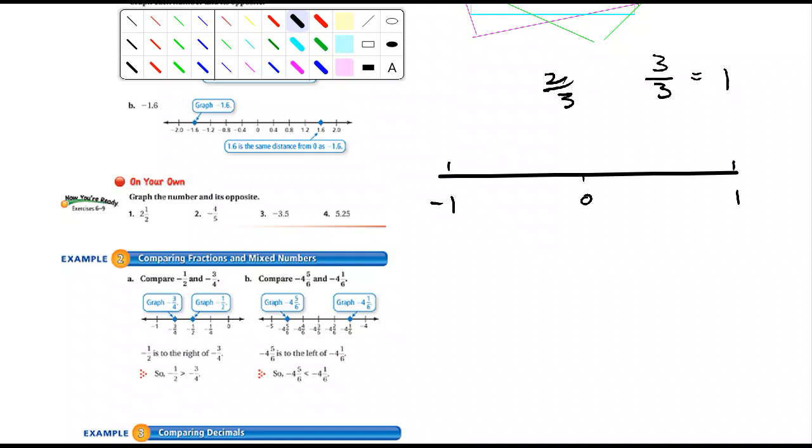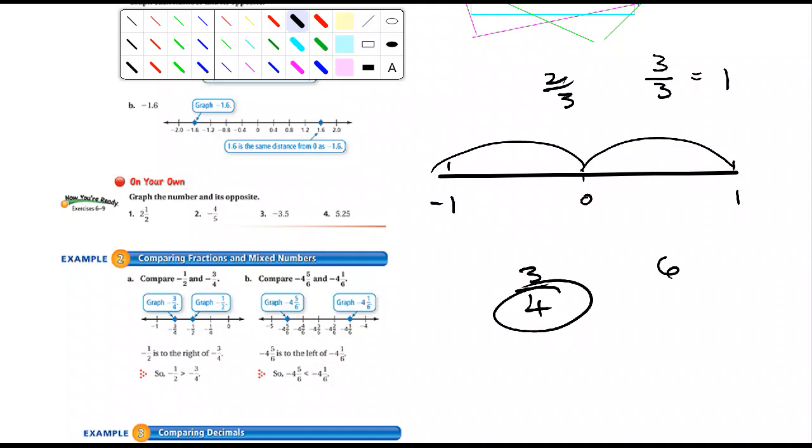Just like if I told you to find 3/4 and its opposite. That means you're going to divide up the space between 0 and 1 and 0 and -1 by fourths, by quarters. All right. If I said find, I don't know, something, how about like 6/7?